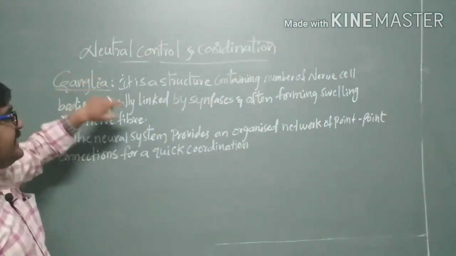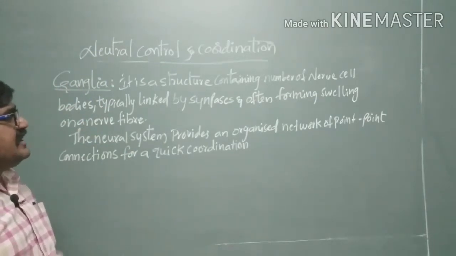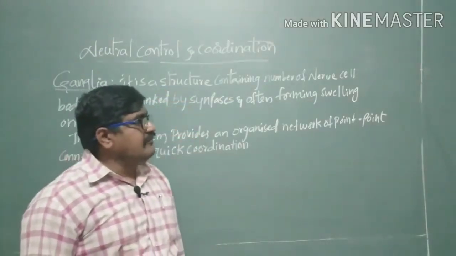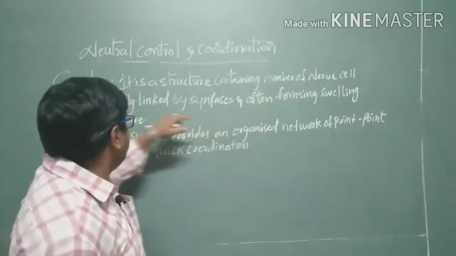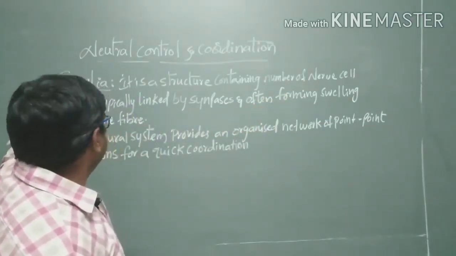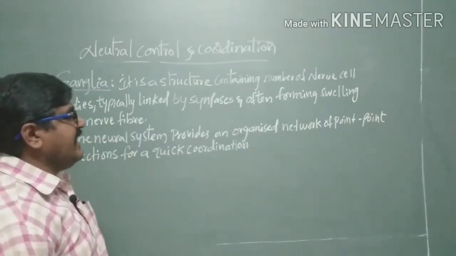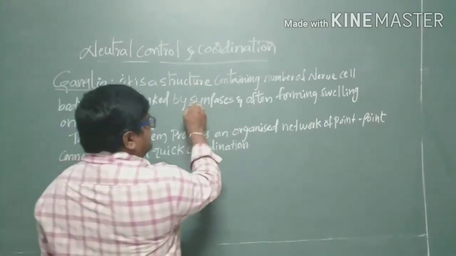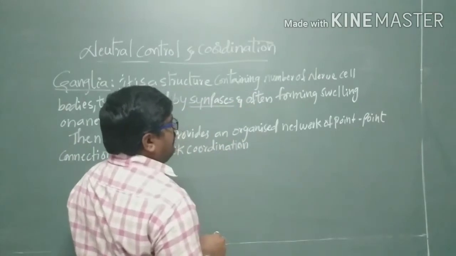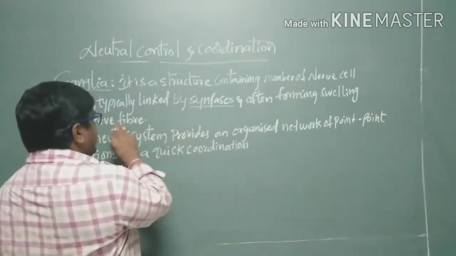A ganglion is a structure containing a number of nerve cell bodies, typically linked by synapses, and often forming a swelling on a nerve fiber.